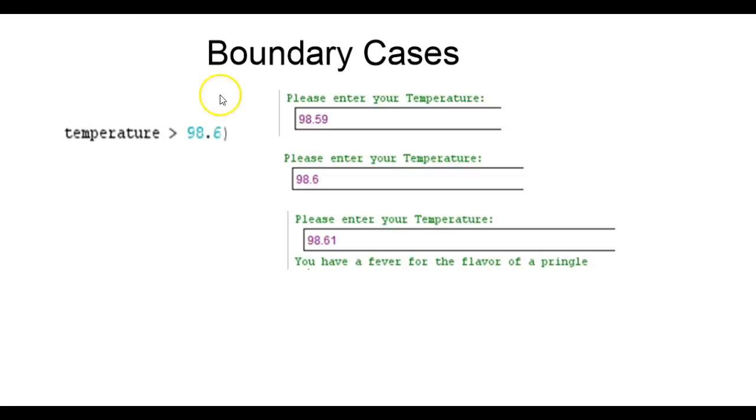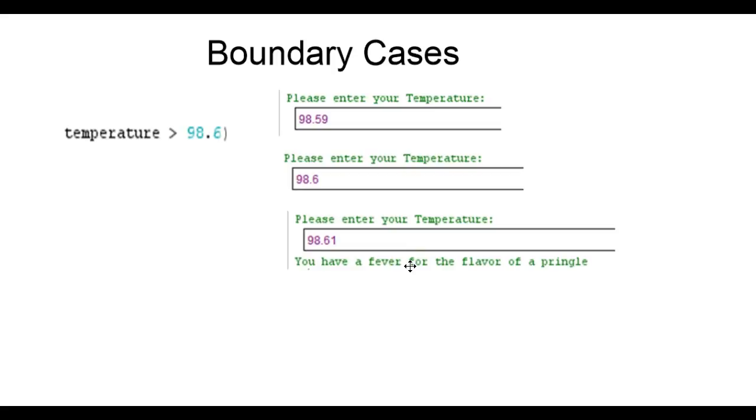Boundary cases. This is where you get to the nitty-gritty of testing out your conditionals, making sure they do exactly what you expect them to do. So if we look at our previous example, the boundary cases for temperature greater than 98.6 would have been 98.59, 98.6, and 98.61.